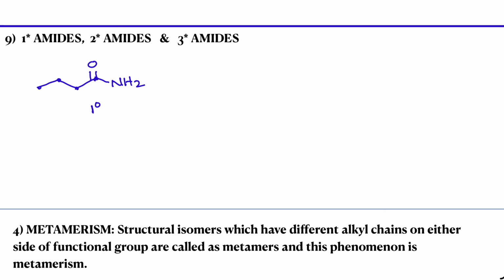This is a primary amide. Now I am taking an amide with 4 carbon atoms, and totally the number of carbon atoms is the same, 1 2 3 4, but here this NH nitrogen is attached to an alkyl group, therefore it is a secondary amide.